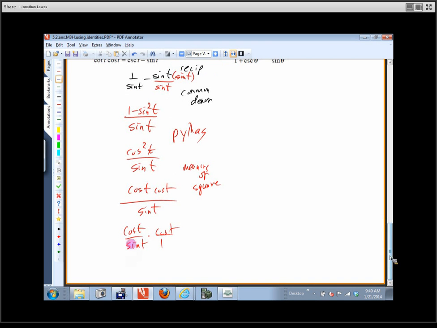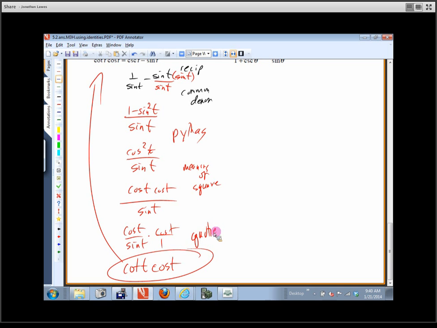Notice there's a cosine and a cosine on the top and just one sine on the bottom. And what is cosine t over sine t? Cotangent t times cosine of t. And we could say quotient identity, property of fraction multiplication.